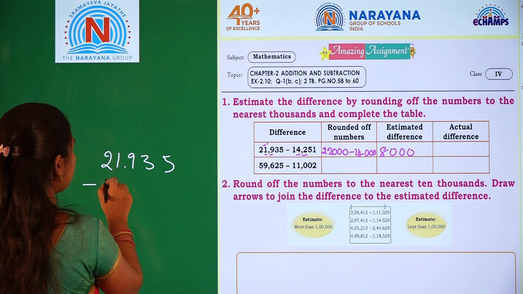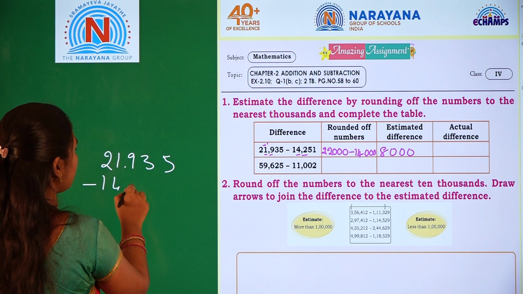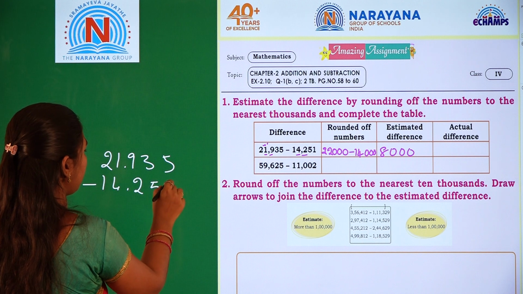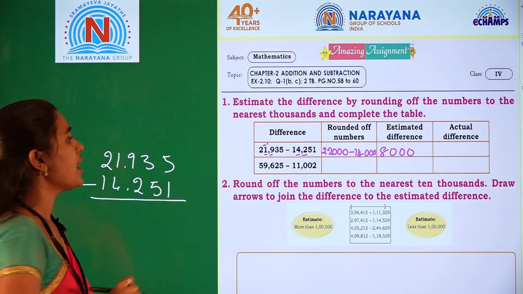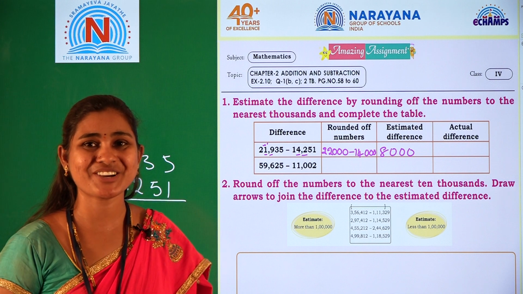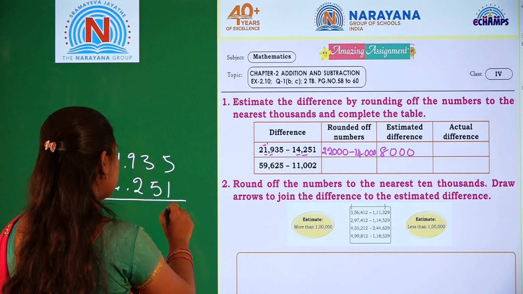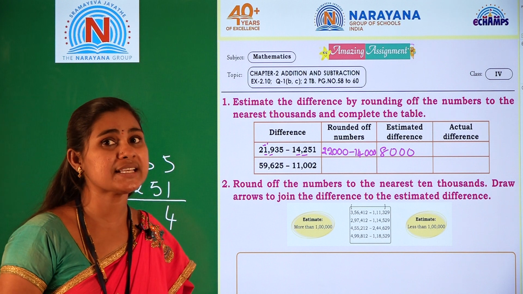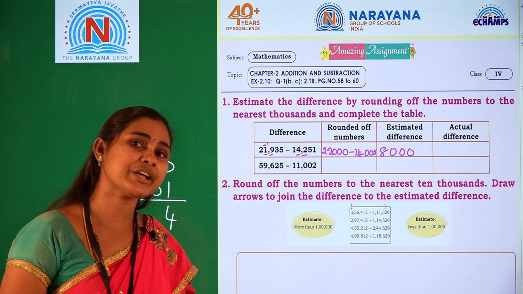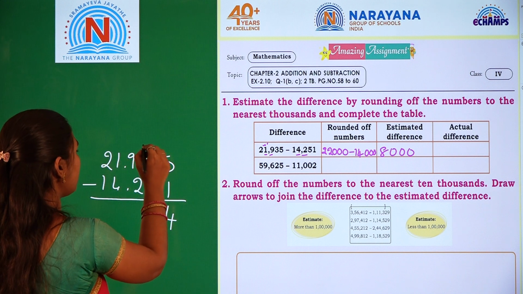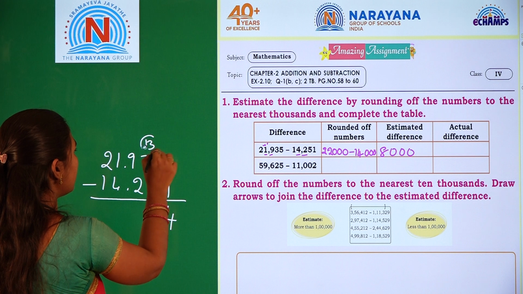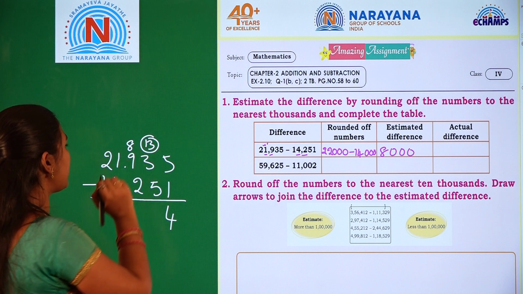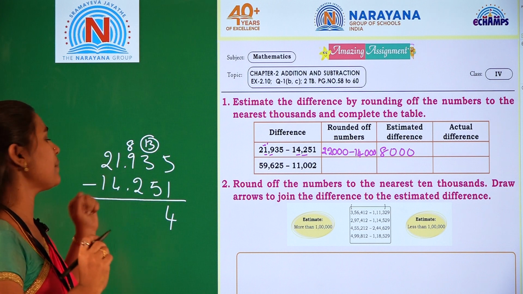21,935 minus 14,251. Subtract. 5 minus 1 is equal to 4. Simple subtraction, we know very well. Now we have to subtract 3 minus 5. Is it possible? No, so we go for borrowing. 3 will become 13. 9 is giving 1, so it will become 8. 13 minus 5.